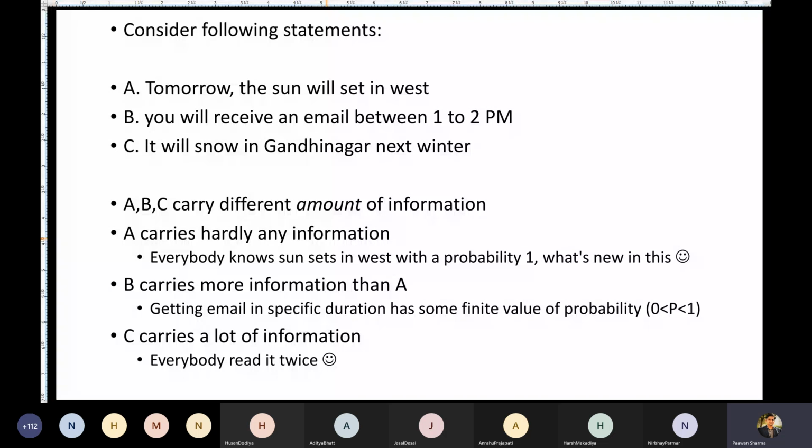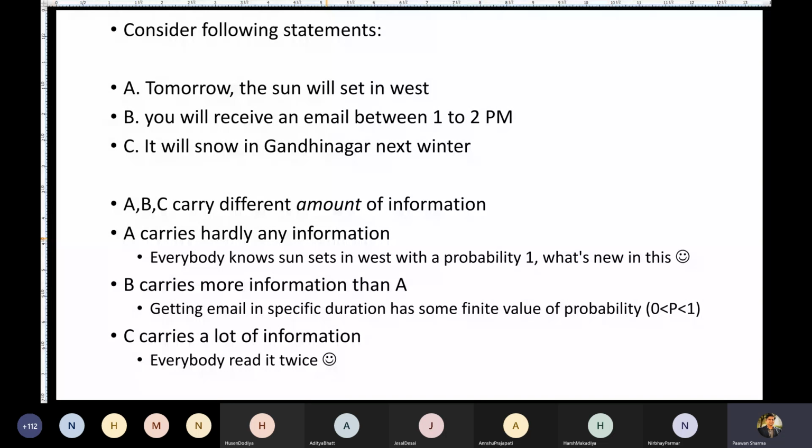So this is how the amount of information is contained in a sentence. Okay. Anyone has any query, any doubt? Please discuss. Okay, I believe it is clear to everyone.